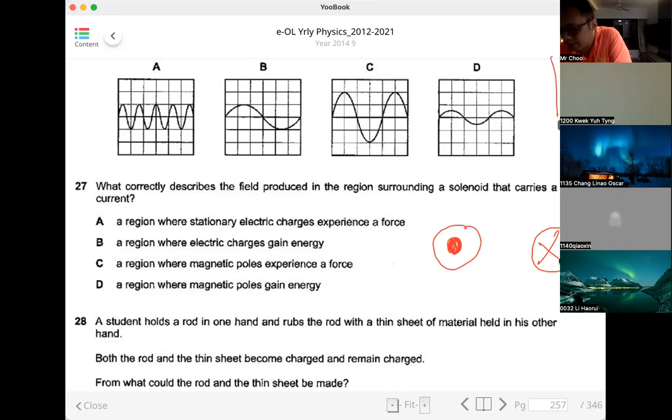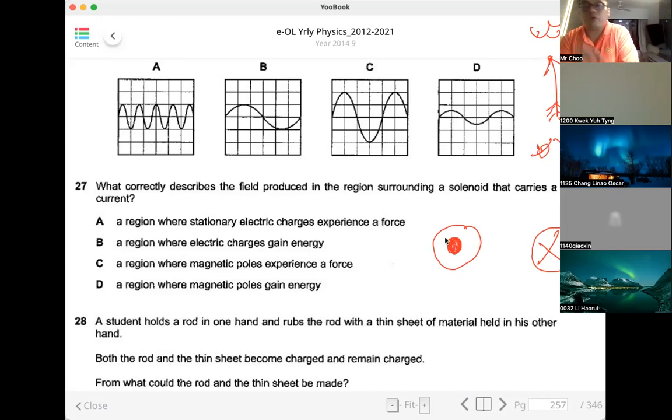Okay, just remember an arrow looks like this, correct? If your eye looks at the front of the arrow, you will see a dot, correct? If your eye were to look from the back of the arrow, you will see a cross.